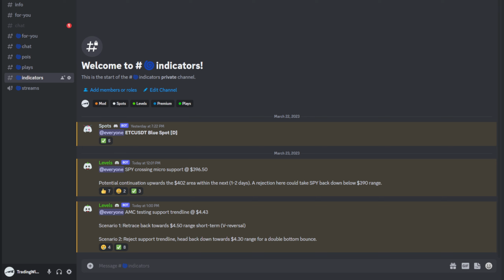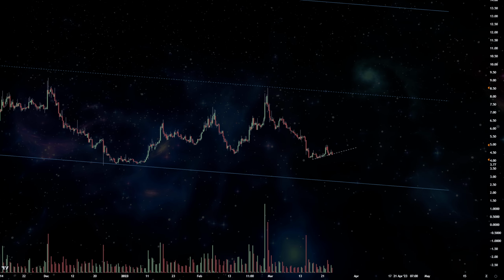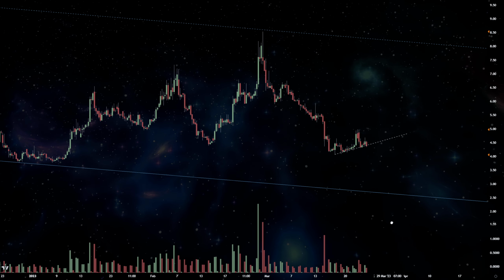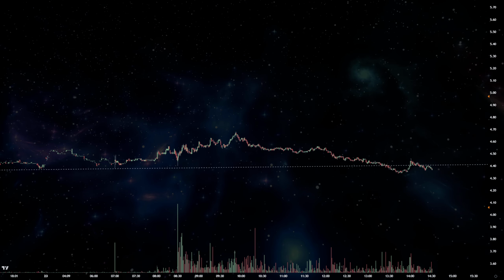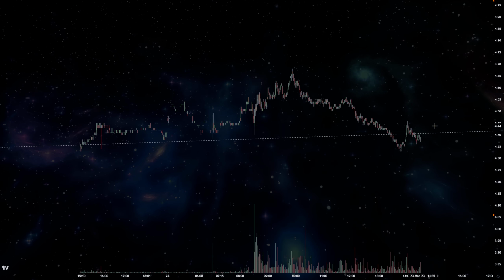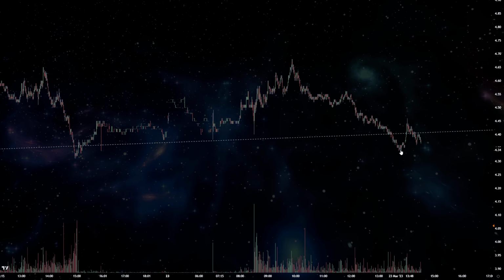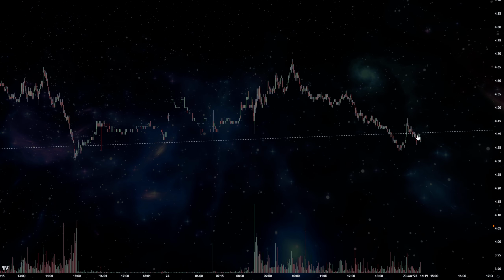Testing support at 443. If it crosses below that, we should get back down to that 430 range. So we come back here on AMC, we're trading right around that range right now. We're at that double bottom setup. You zoom into the chart, as soon as we got rejected off of that level, we came down to 434, and then we had a nice little bounce here.